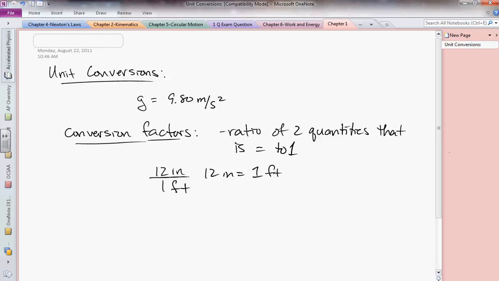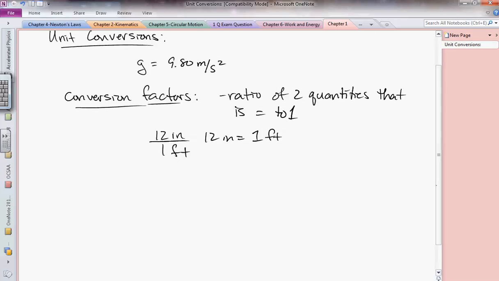So to start off with a simple example, as far as how this is done, say we want to go from feet to inches, and we want to use this conversion factor that I just showed you. What you do is you start with the quantity that you want to change. So just write that first, and you multiply that by your conversion factor. So in this case, we want to cancel out feet, and we want to go to inches.